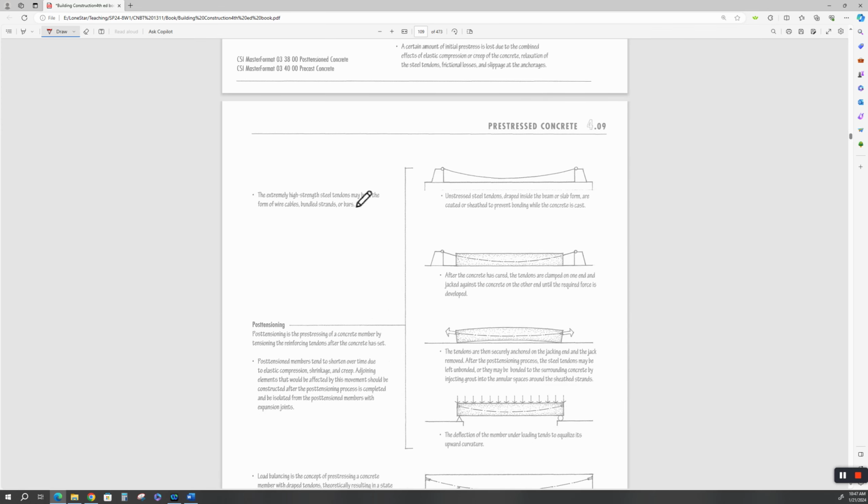Now, pre-stressed concrete. The extremely high strength stress tendons may be in a form of wire cables. Okay, and this is all post-tensioning. Okay, now we're in post-tensioning. What do you think post-tensioning is? That's after the fact. Post-tensioning is the pre-stressing of a concrete member by tensioning the reinforcement after the concrete is set. We're really not pre-stressing.